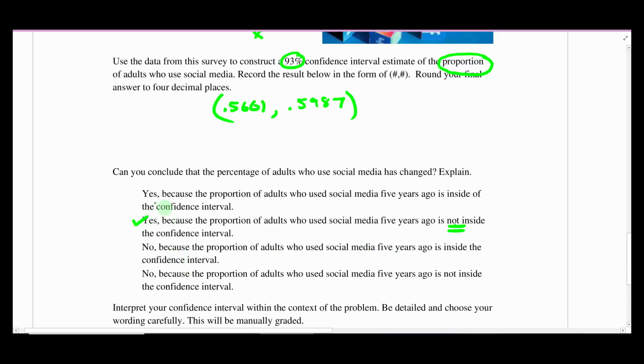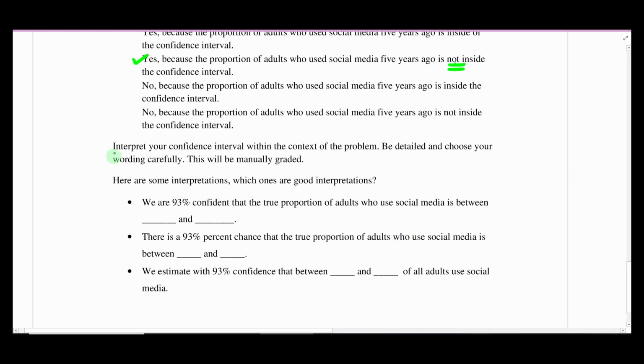On MyOpenMath, they give you these options and word each one slightly differently to try and trip you up, because they really want you to think about how you are interpreting this interval. This is how we interpret it to talk about whether that proportion has changed. Now we want to interpret our confidence interval. These are some interpretations I saw on the quiz last week.